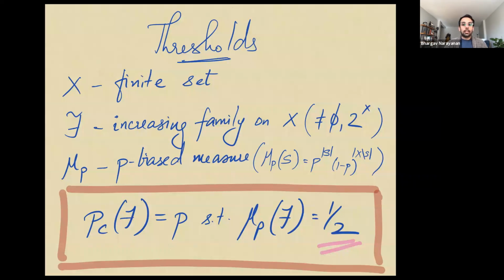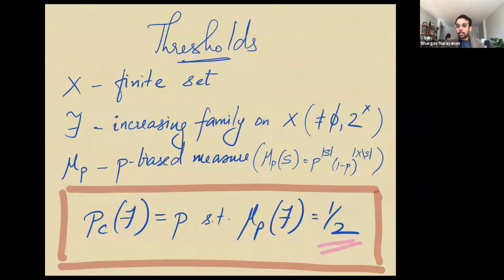So it's the p at which the p-biased measure of F is 1/2. And I'll add the minor caveat that there's nothing special about 1/2, but it's the natural value to choose there.